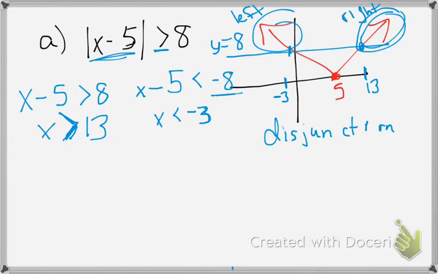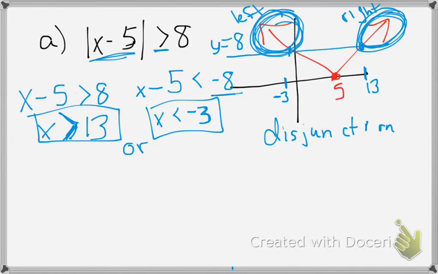So if x is more than 13, it's going to be over here. If x is smaller than negative 3, our y values are going to be over here. Both give us a result above the line y is equal to 8. So now when we look at our actual solution, we'd have x is greater than 13 or x is less than negative 3.